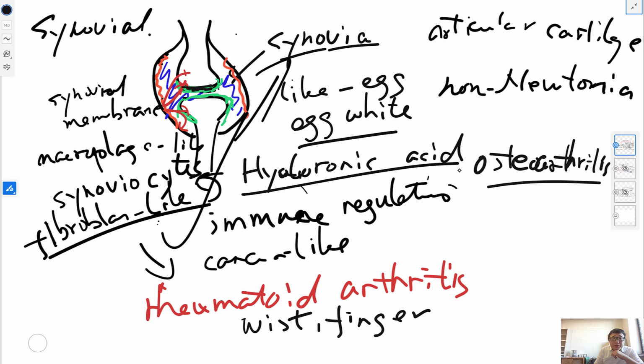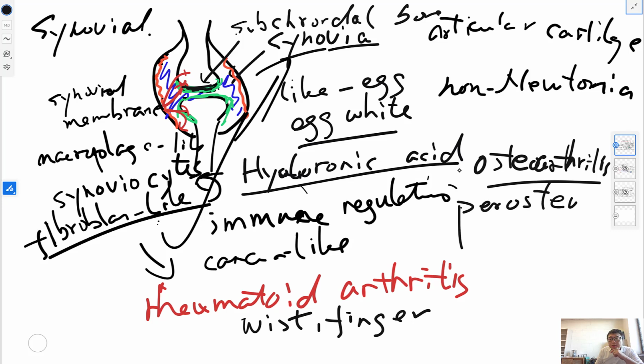And then beneath this is the bone, they call it subchondral bone. And here it does not have periosteum. I didn't mention periosteum.